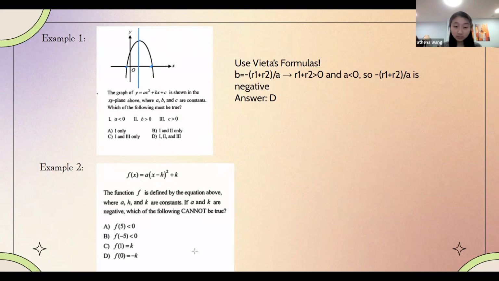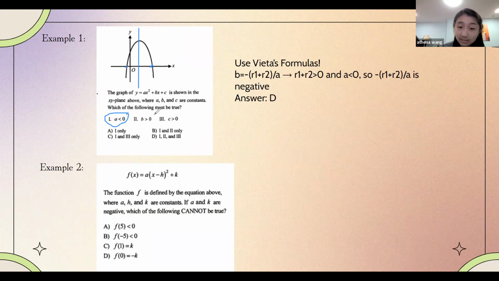And we also know that this graph is pointing down. Okay, so we have that since this graph is pointing down, A is less than 0. We already figured that out. Okay. So we have that B is greater than 0.